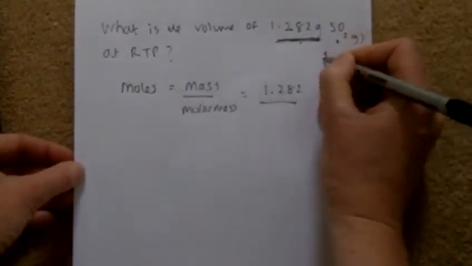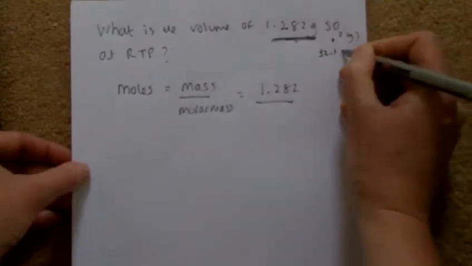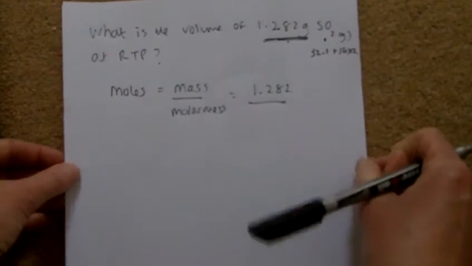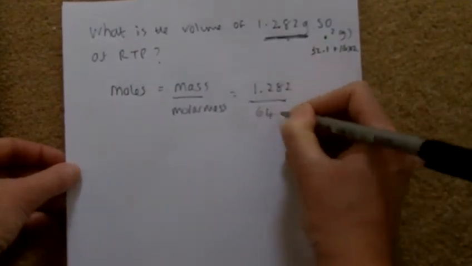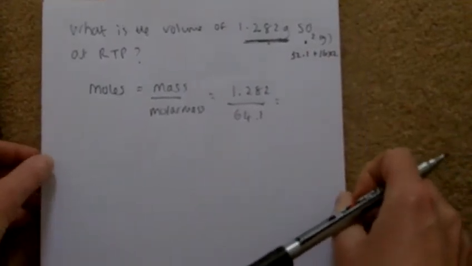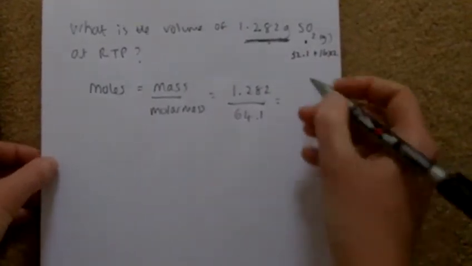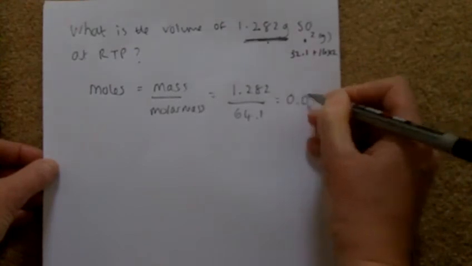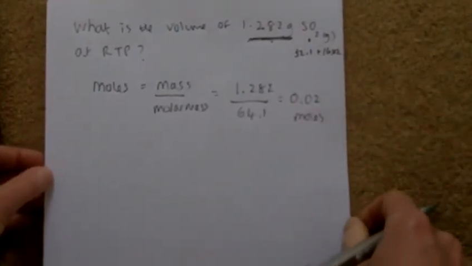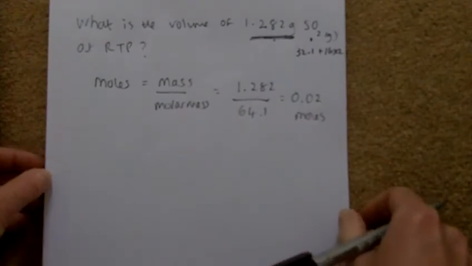Sulfur is 32.1, oxygen is 16, and there's two of them, and so together that totals 64.1. You work that out, and it comes to 0.02 moles exactly.